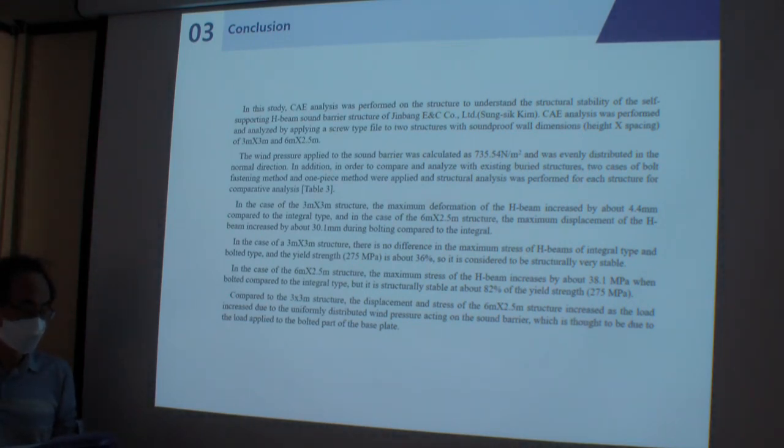Let's make some conclusions. The wind pressure applied to the sound barrier was calculated at 735.54 Newton per meter square, evenly distributed in the normal direction.